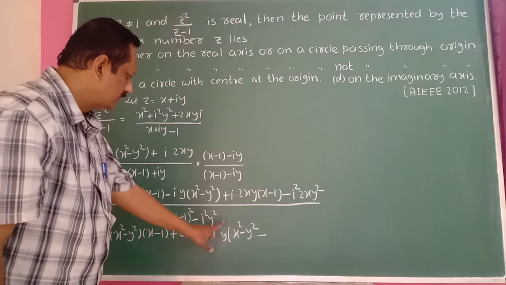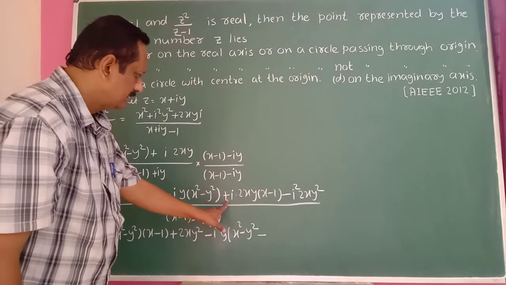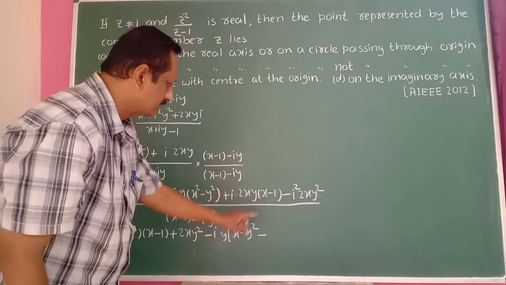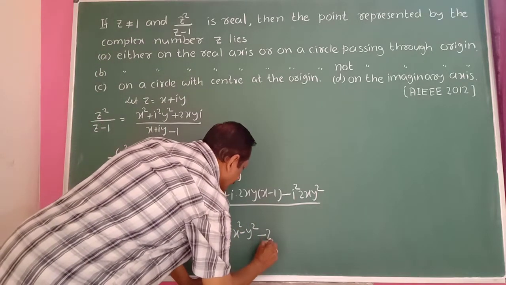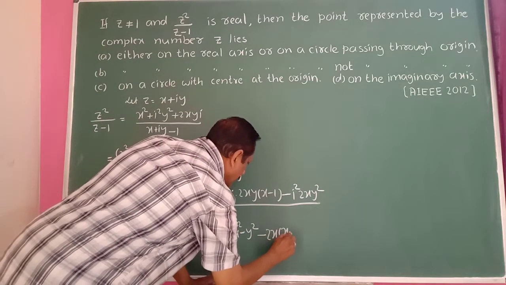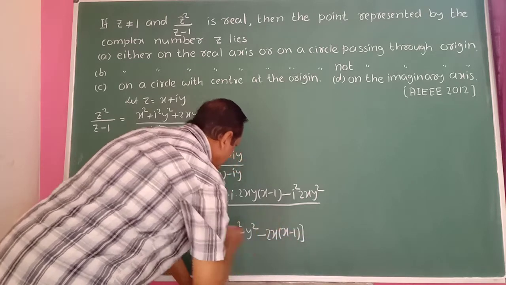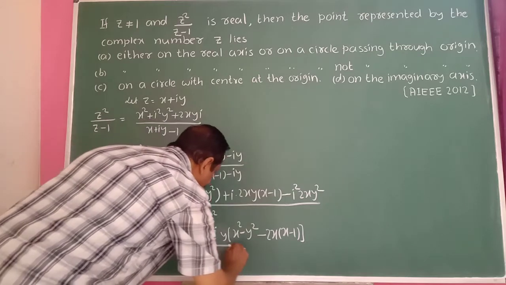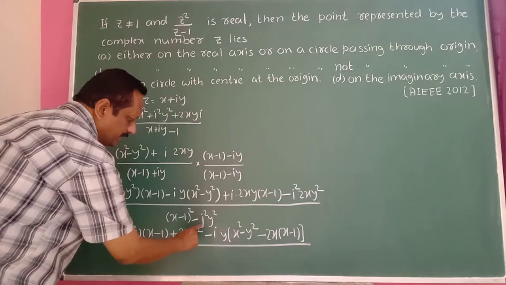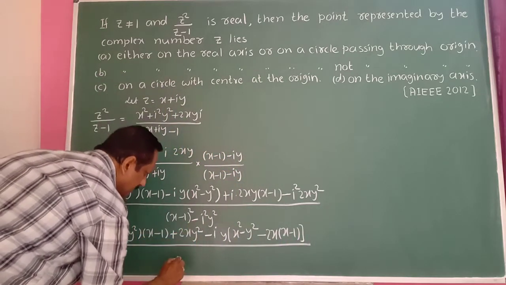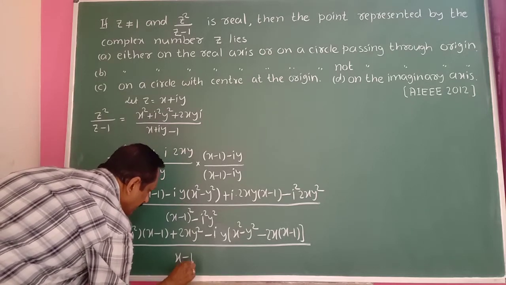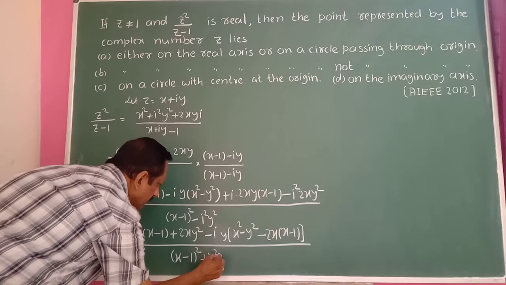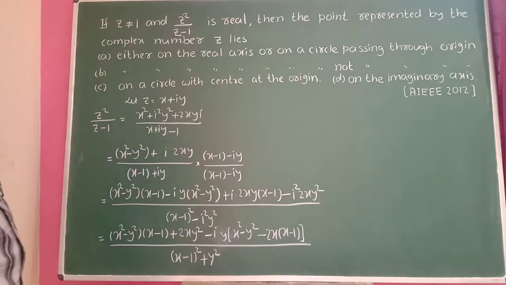Then y is common, so the remaining term is only 2x into (x minus 1). Divided by, so i square is minus, minus this minus becomes plus, hence (x minus 1) whole square plus y square plus y square.